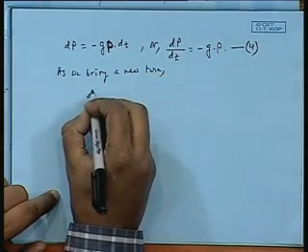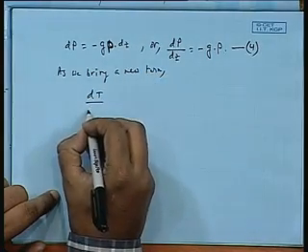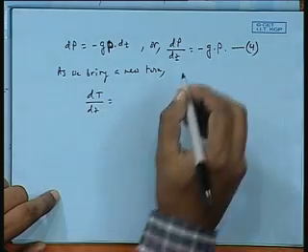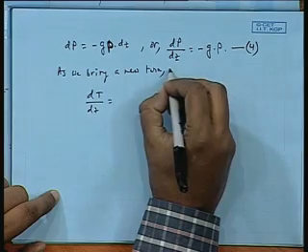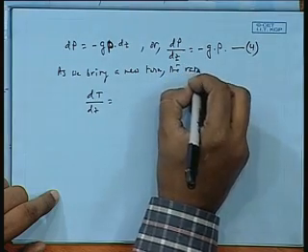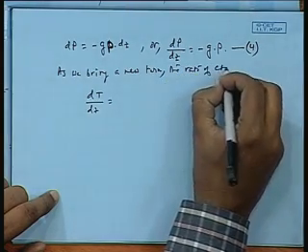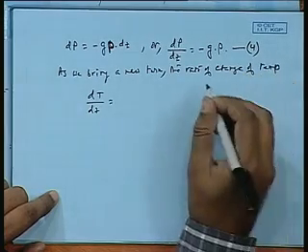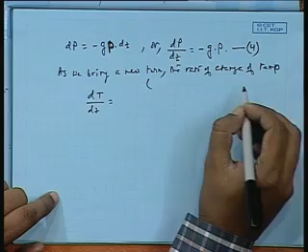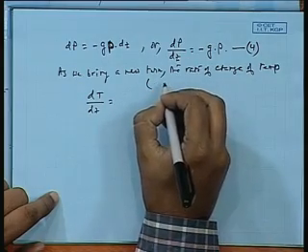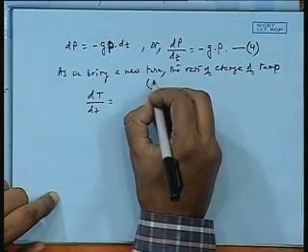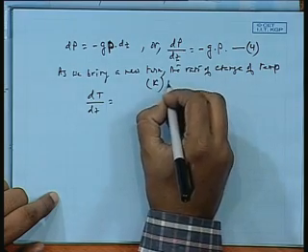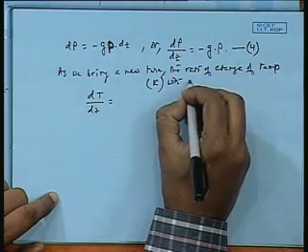that is dT divided by dz. This is a new term, the rate of change of temperature in Kelvin with altitude.